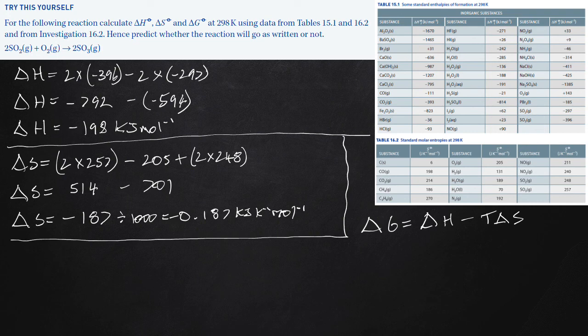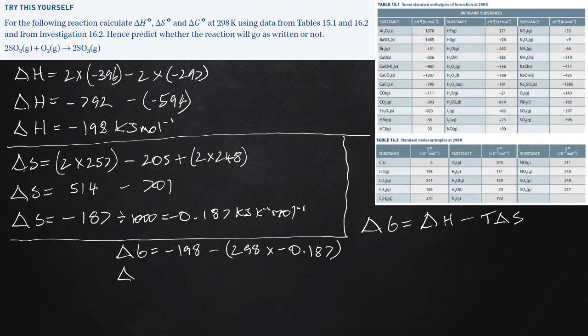We have our delta G is therefore going to be negative 198, our exothermic reaction, negative delta H, minus 298 Kelvin, which was specified, multiplied by our negative 0.187 kilojoules per Kelvin per mole.